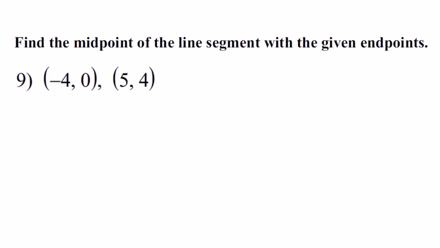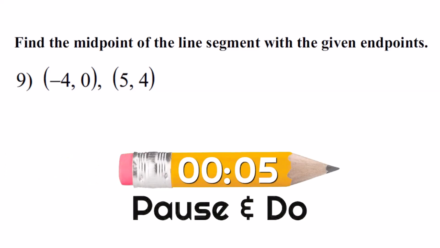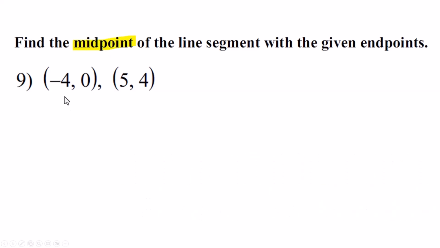Find the midpoint of the line segment with the given endpoints. Give it a go. I'll be right back. Wait for me if you're not sure how to start. Midpoint. We know that this is an x-coordinate and this is an x-coordinate. If we plotted these two, there would be a straight line between them, and you want to find the middle of that line.